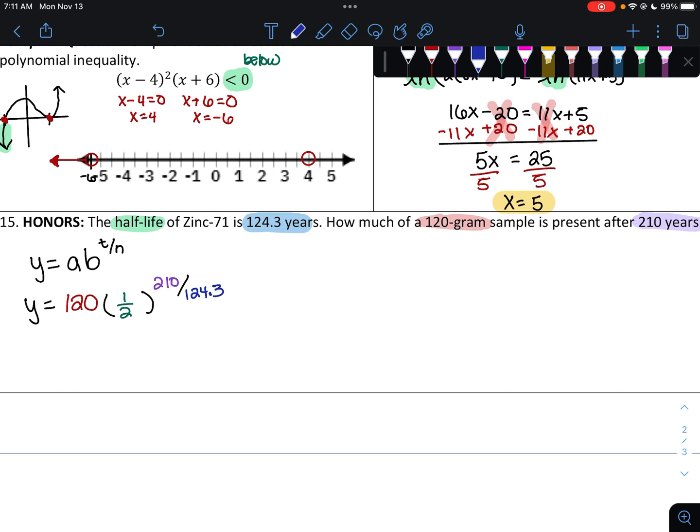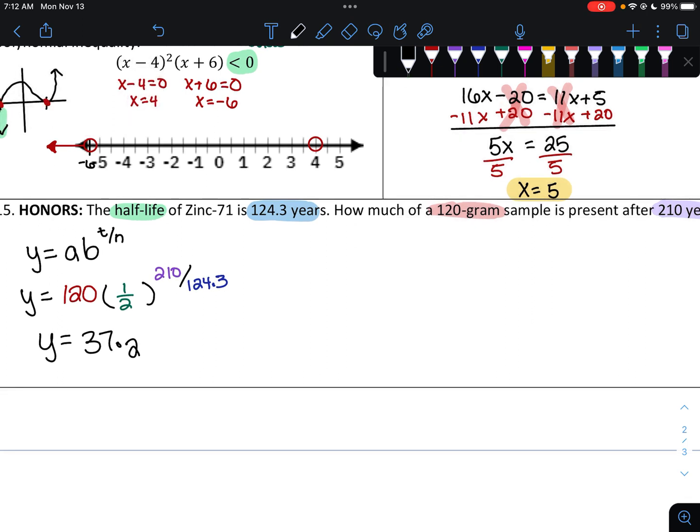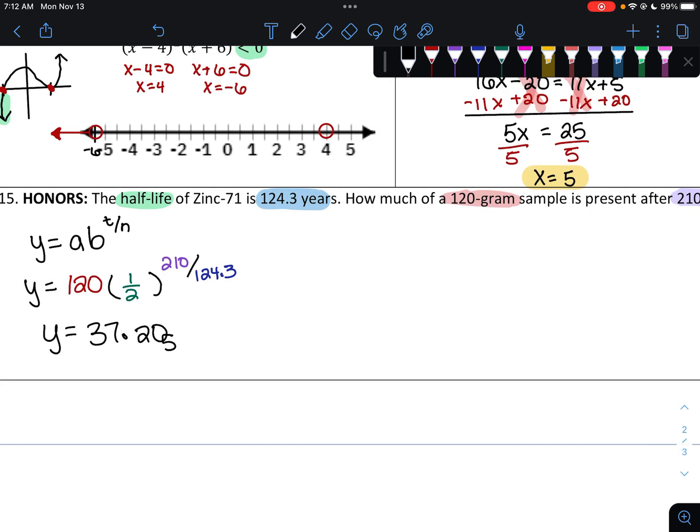So after 210 years, there will be about 37.205 grams left.